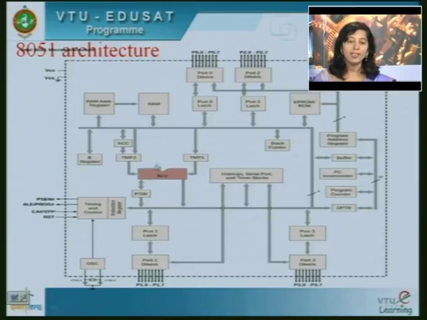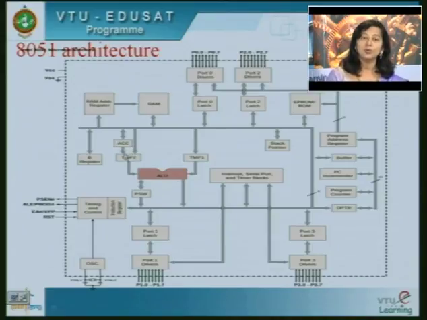So this ALU which is shown here is the arithmetic and logical unit which will perform the actual operation. So the operands are there in the accumulator and B register. They are fed through 2 different temporary registers to the ALU, which performs the operation, and based on that it will set some flags.